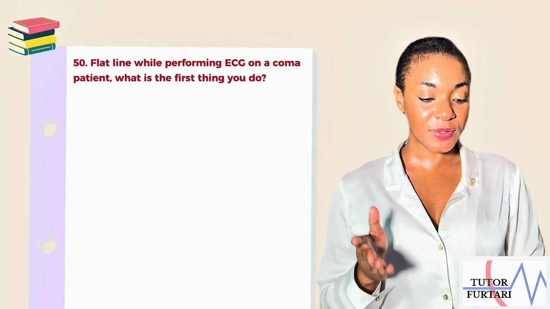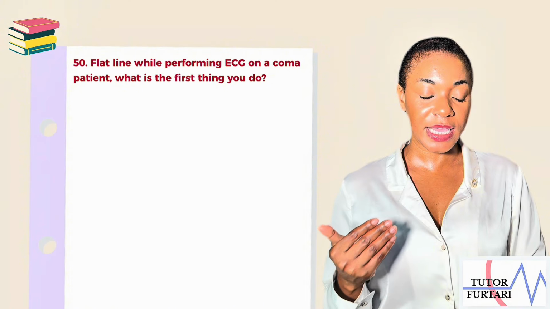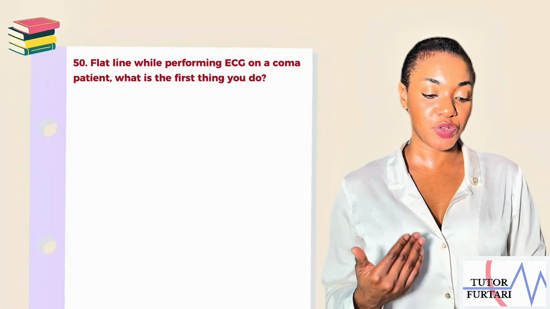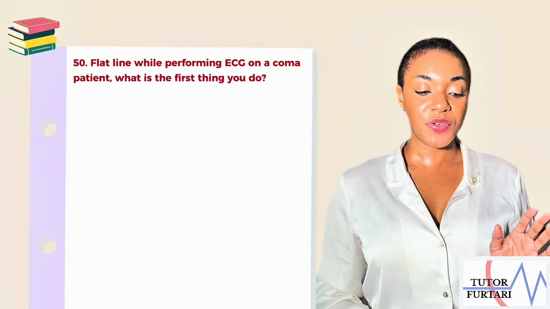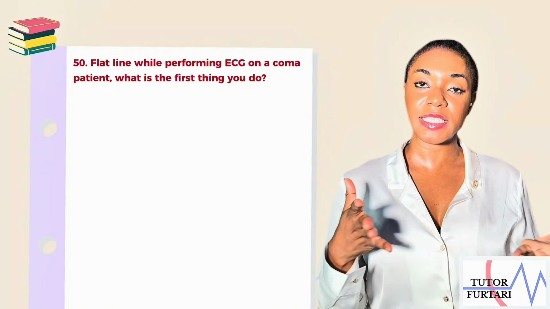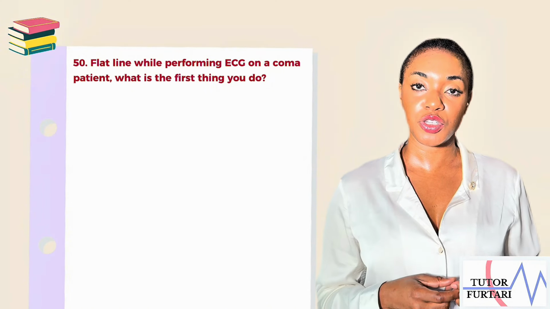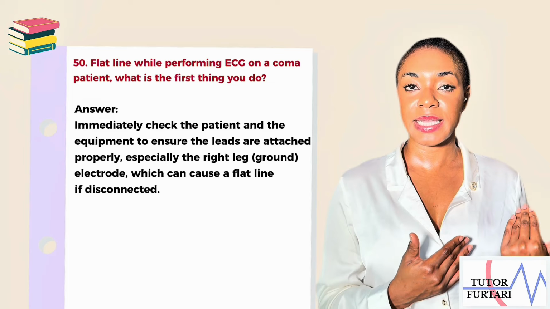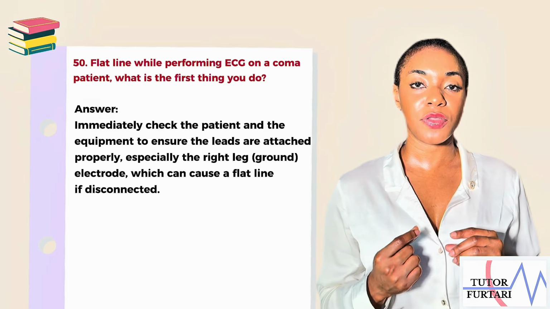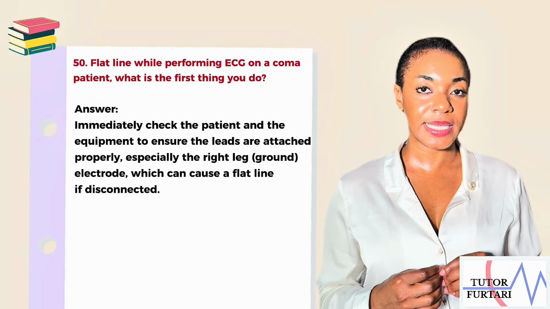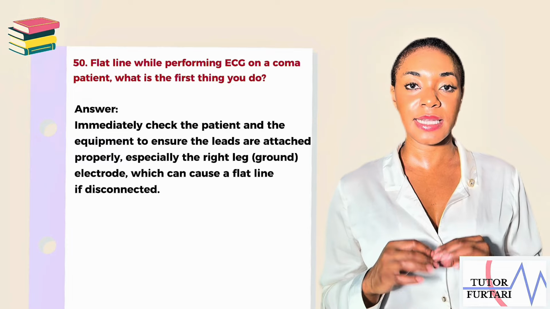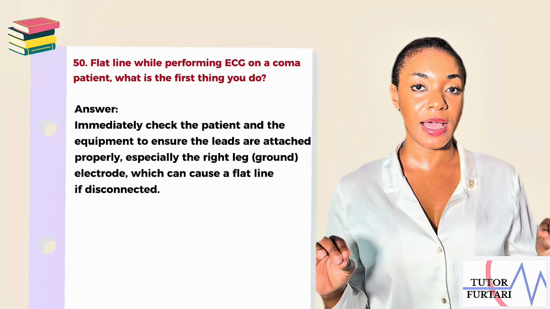50. Flatline while performing ECG on a coma patient. What is the first thing you do? First of all, you must ensure that the electrodes are properly placed, especially the one on the right leg, which is called the ground lead, because not properly placing that could also lead to a flat line.